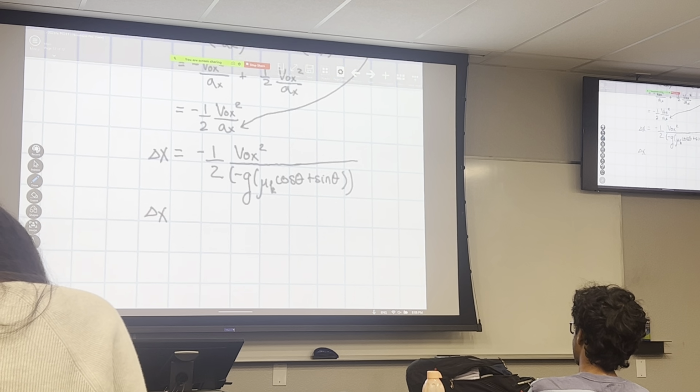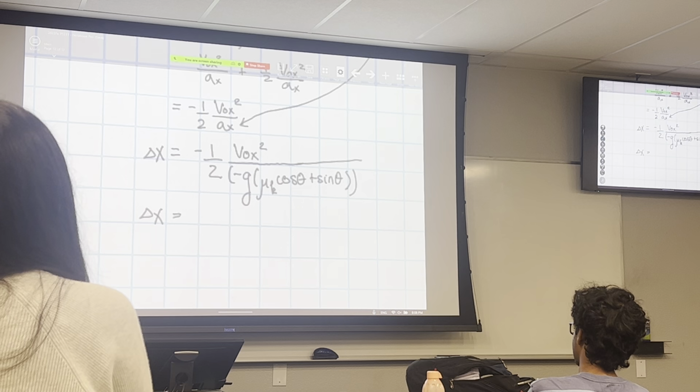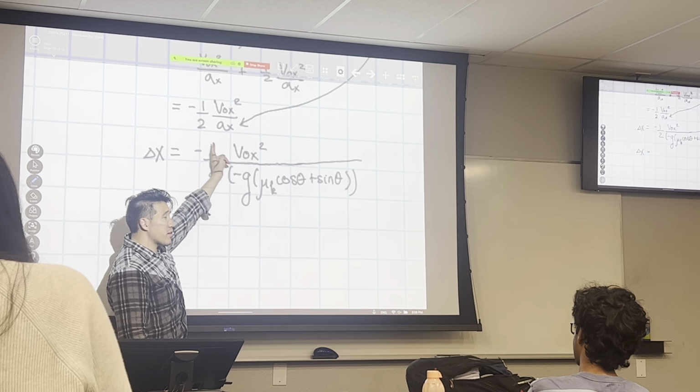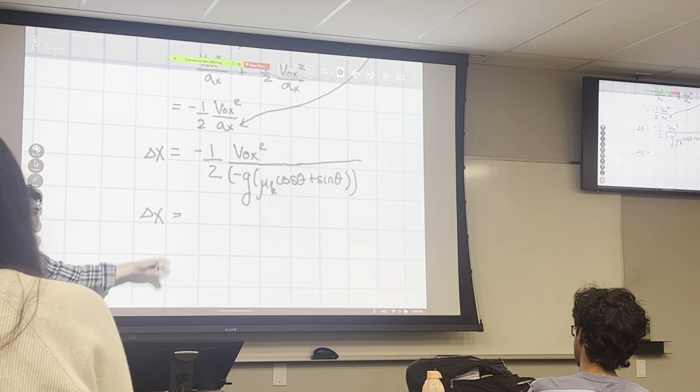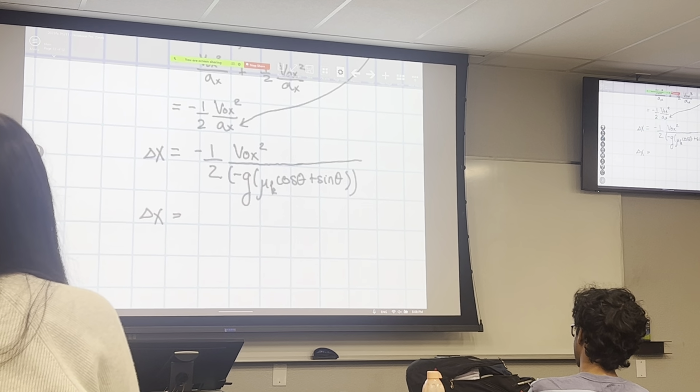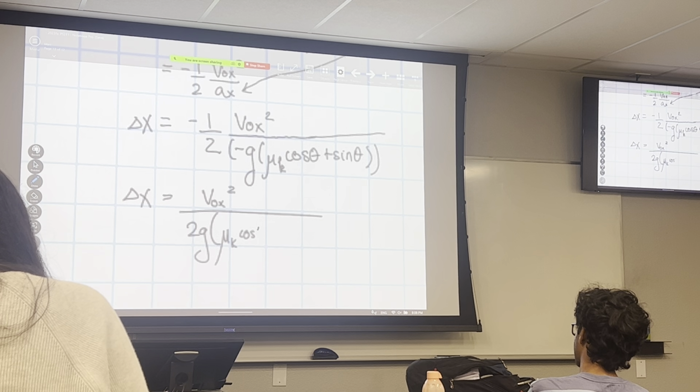Or if we clean it up a little bit, we see that there is a negative in the numerator and a negative in the denominator. So those will turn into positive, so we get v naught x squared divided by 2g mu k cosine of theta plus sine of theta.